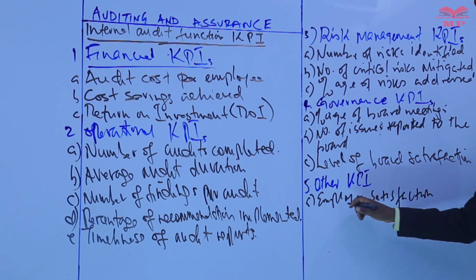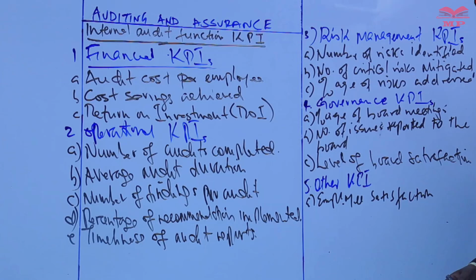These are employees of the department. Are they satisfied with their work environment? Are they satisfied with the opportunities that are coming their way, opportunities for professional development? Is there that kind of satisfaction from the internal audit staff?